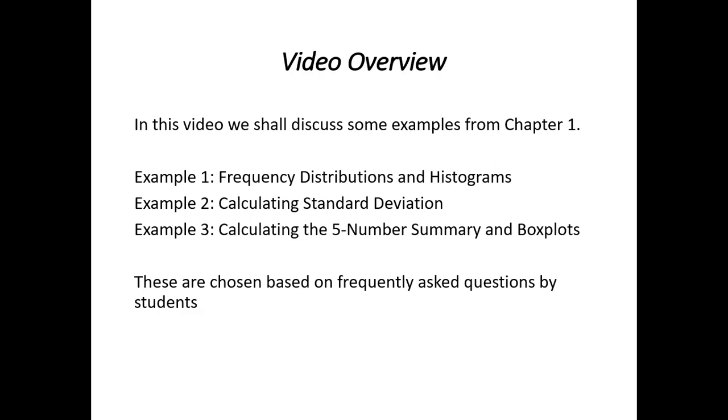The second example will be focused on calculating standard deviation, and the third example will be based on calculating a 5-number summary and box plots. Now, these examples were chosen based on some frequently asked questions by students and by my observations of where students struggle on exams.